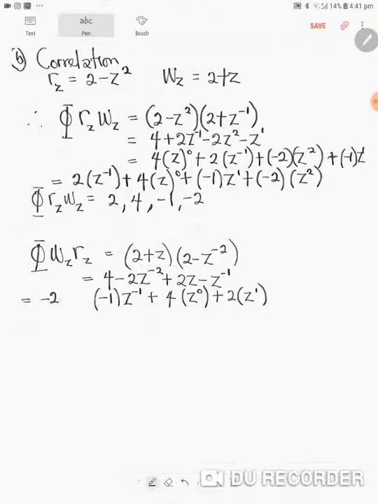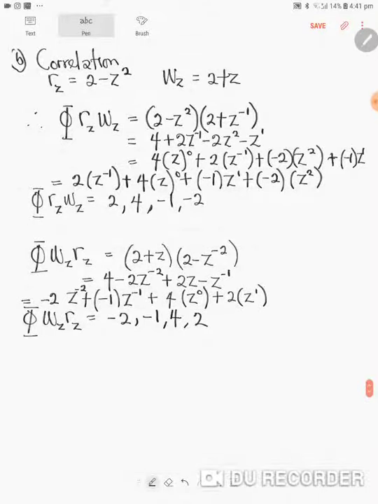So bring it here, minus 2, Z raised to power minus 2. So our correlation of WZ with RZ will be equal to minus 2, minus 1, 4, 2. So that's our answer: minus 2, minus 1, 4, minus 2. And that's our answer.